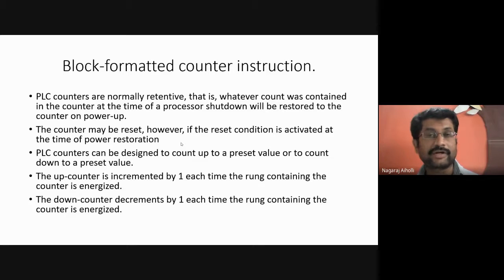No, for the down counter also, though it counts in the downward direction, it is the same condition: when the rung goes from false to true, the down counter will be activated. Both for the up counter and the down counter, when the rung condition goes from false to true state, they become activated.